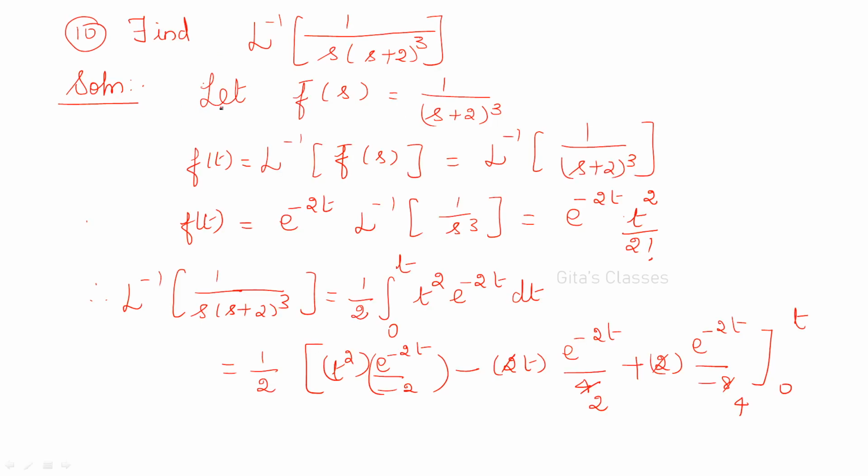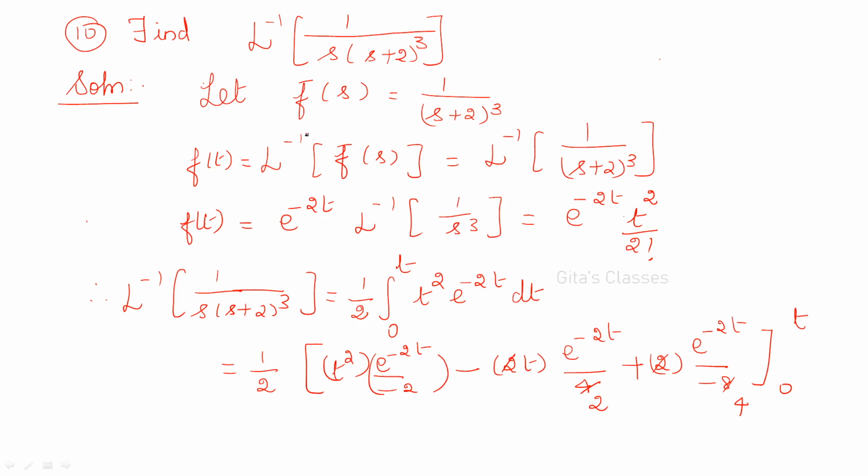Next is find L inverse of 1 by s into (s plus 2) the whole cube. Whenever you have 1 by s into some f bar of s, you can use this method. Without the 1 by s, you take the remaining as f bar of s.